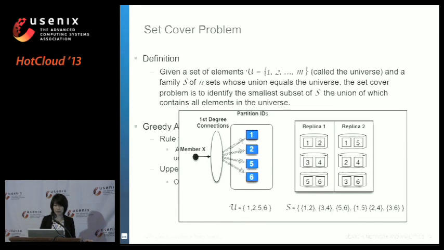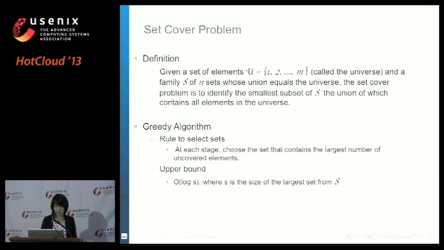Taking our earlier example, the universe in this problem now becomes the set of partition IDs 1, 2, 5, 6 that store the members' connections. And the family of sets S are the partitions from each of the GraphDBs in the cluster. What we're trying to tackle now is to find the smallest number of GraphDB nodes that can cover this input partition set. The set cover problem is NP-complete, but there is a greedy version of this algorithm available.